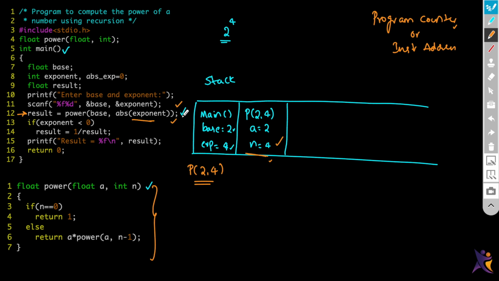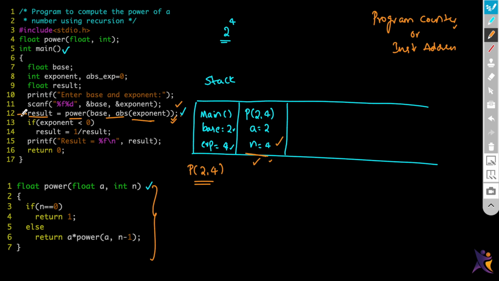In this case, after executing this function, the control should come back to this instruction, replace the value of power here and assign it to result. So essentially the next instruction to be executed after this function is assigning the value of power to result.